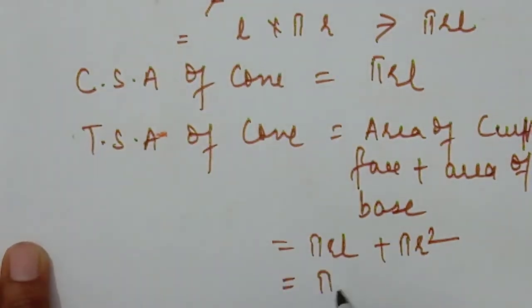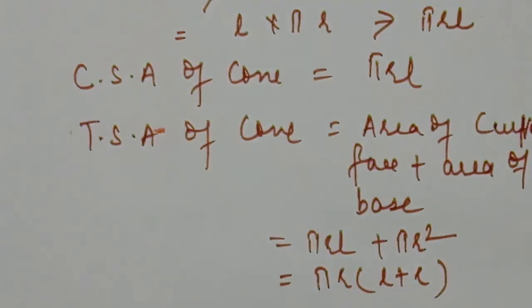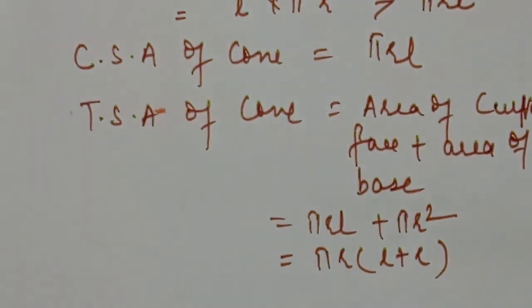We will take pi r as common, then l plus r. This is the total surface area of the cone. So now we have the curved surface area of the cone and the total surface area of the cone.